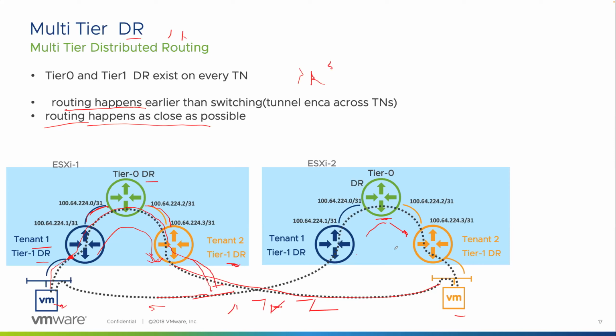That means when you choose the DR function, the closest DR is always chosen for traffic forwarding. So routing happens as close as possible, close with regard to the source, or with regard to the packet.